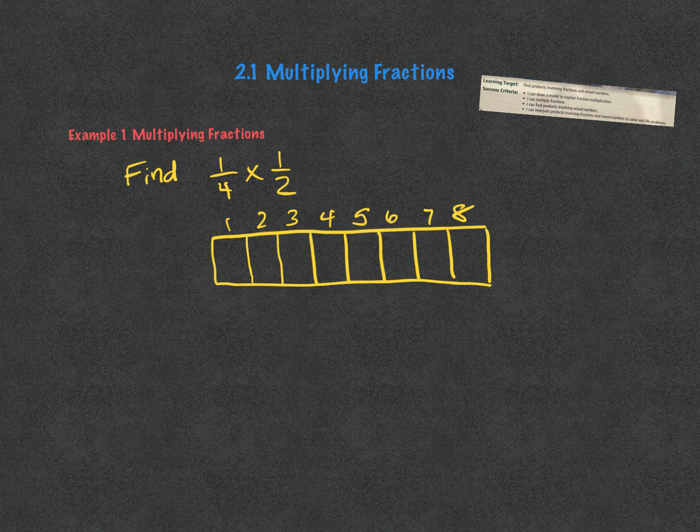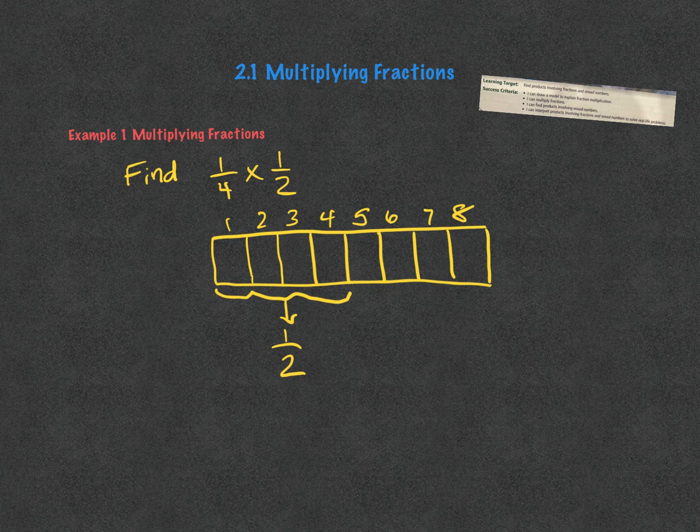Another reason I chose it is because I want to show you, if I've got 1/4 of 1/2, what can I show as my 1/2? Well, this area right here is 1/2. So this represents 1/2.